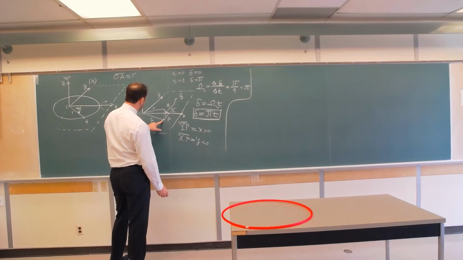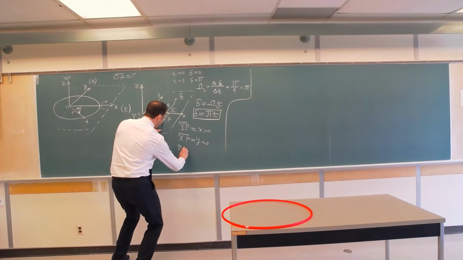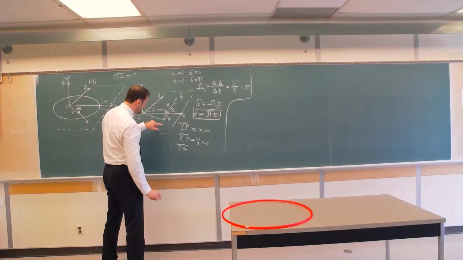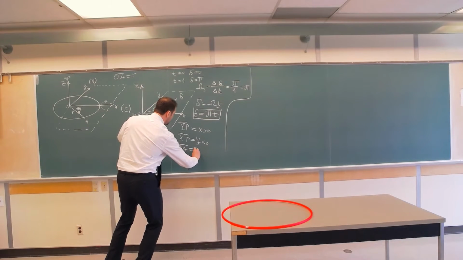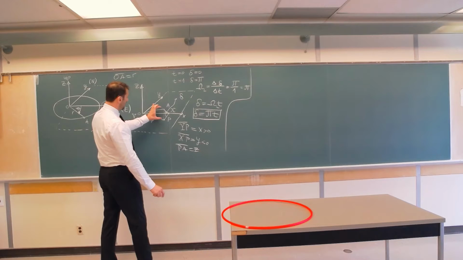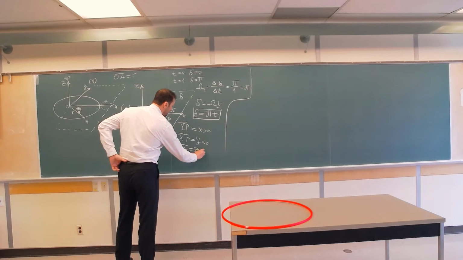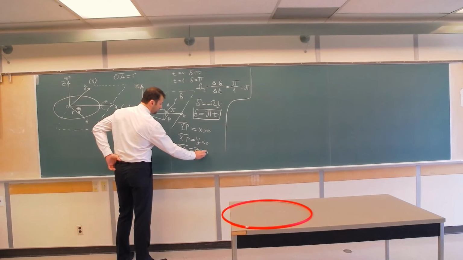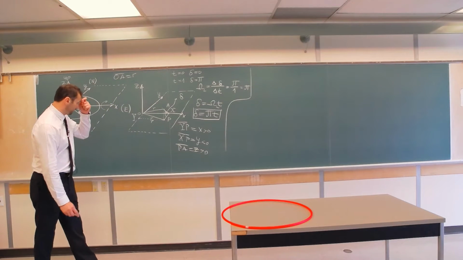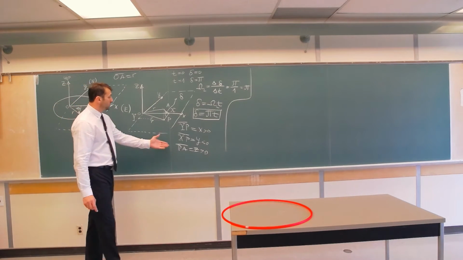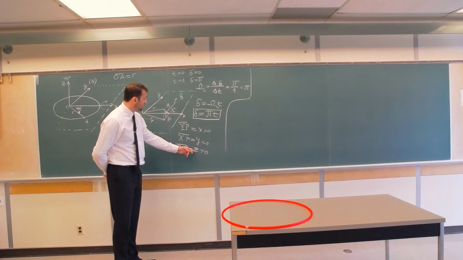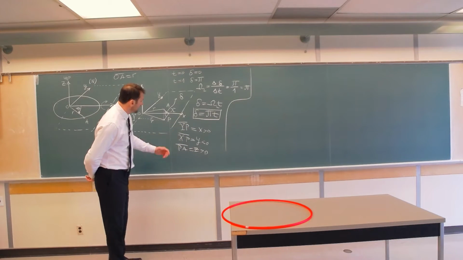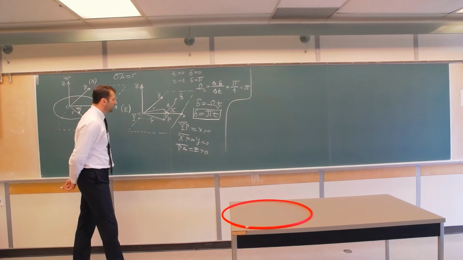And lastly, this PA is the z component of this point A, and in this case it is positive. Okay? So what I need to find x, y, and z, I need to find these distances.